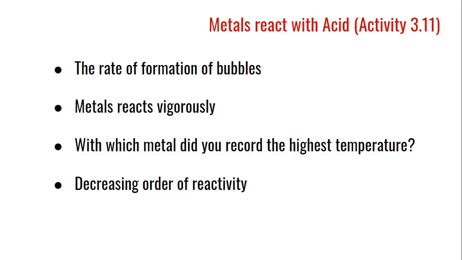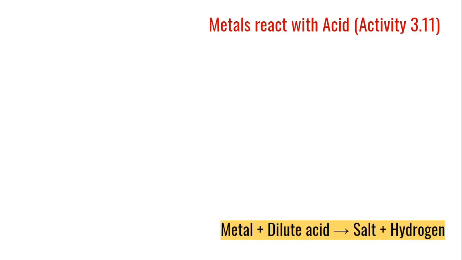These are the observations that we have to make in this activity. Now let us see the chemical reaction for the activity. The general form of chemical reaction is metal plus dilute acid gives salt plus hydrogen.